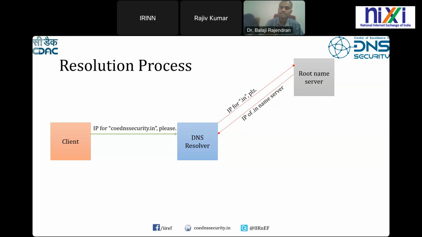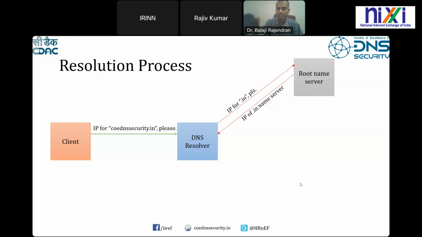So now what happens is, a root server will say that it does not know the IP address of coednssecurity.in. It will say, please go and ask the .in name server, because you are asking for something which is under .in. So that's what it actually says.